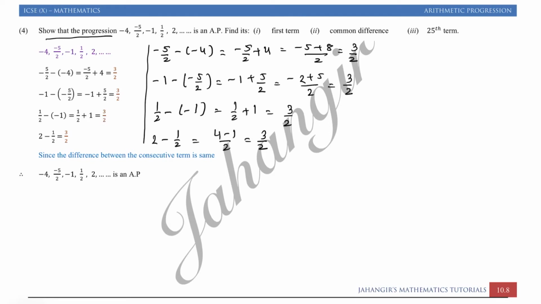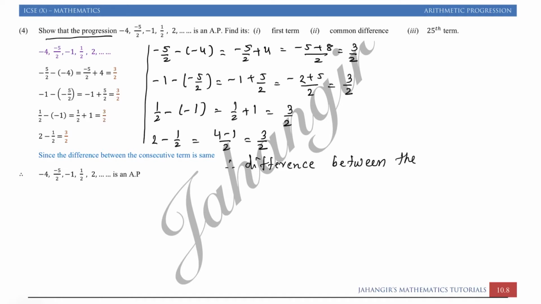So here what we will say? Therefore, the difference between the consecutive terms is constant. You have to give reason.